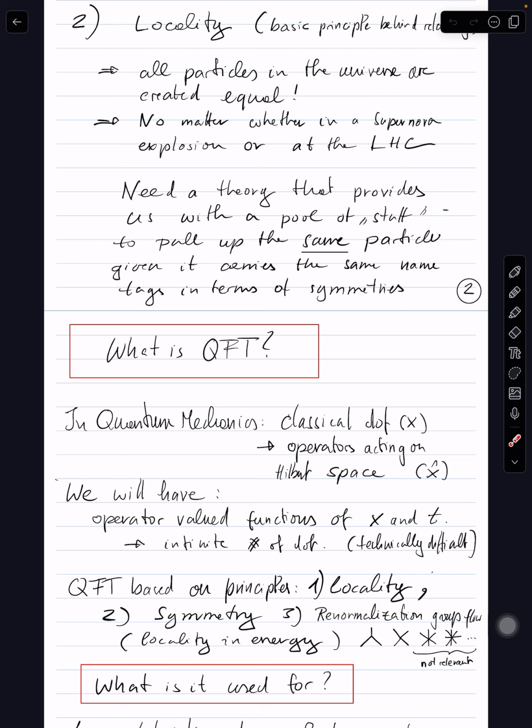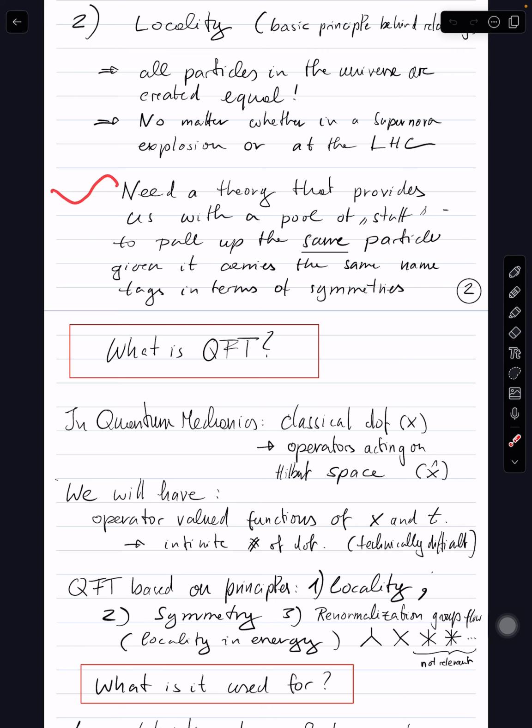Now, we need a theory that provides us with a pool, essentially, of excitable quantities, where we can go up in energy levels, if you will, and by that create excitation quanta of something that will exhibit the same quantum numbers.